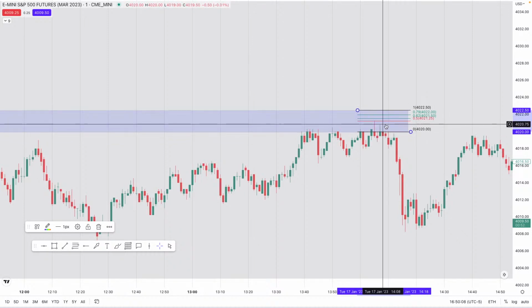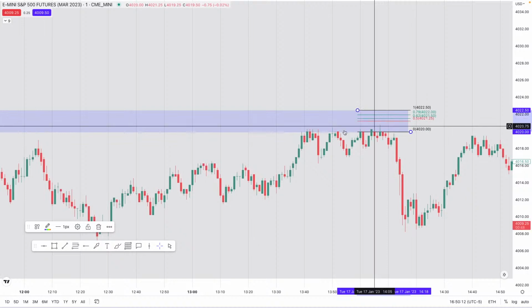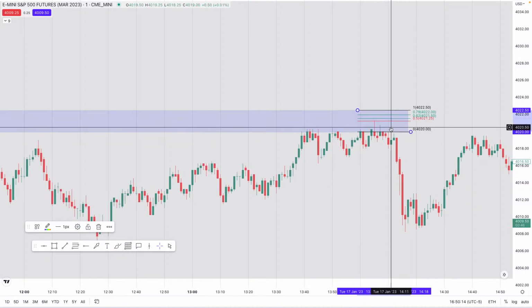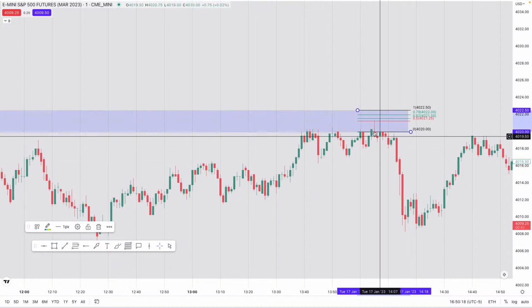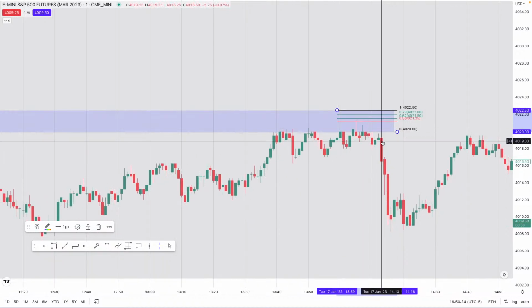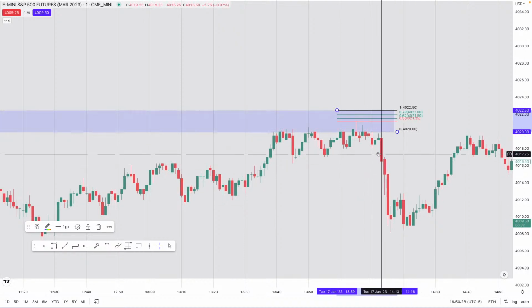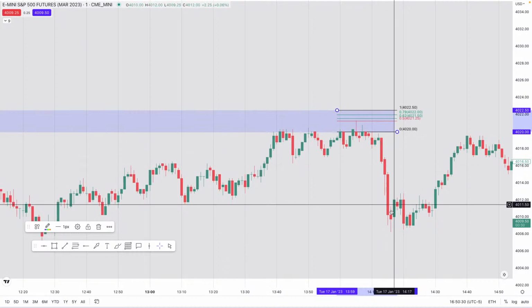And that's where we get our rejection. And then it should not break this as it's gone up into the mean, and we should see it move away. So it went away pretty quickly after this little consolidation pattern, and then you can see price quickly moves away and rejects from that imbalance area.